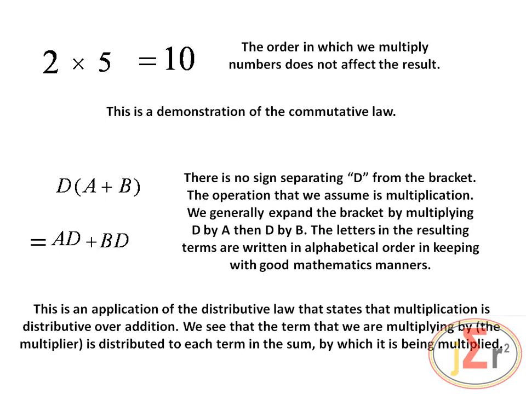So D is distributed to each term. So the D will go with the A and the D will go to the B. So there we have D being distributed throughout the entire sum. And that is why we call that the distributive law. There we have it being distributed throughout the entire expression.